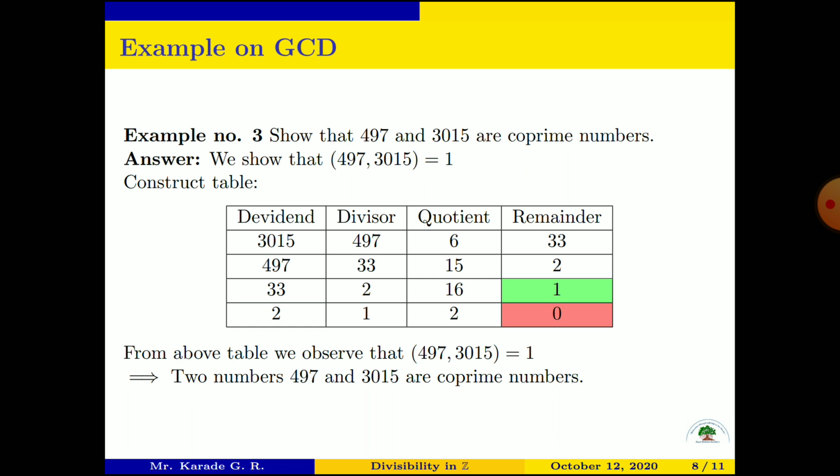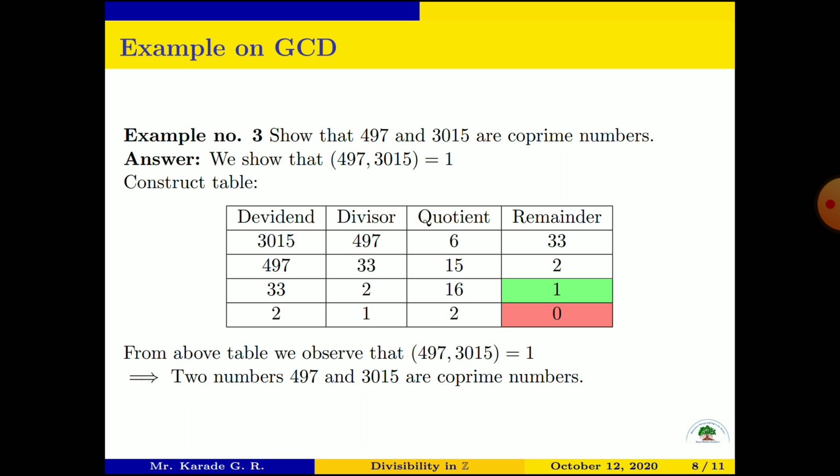In the third row we divide 33 by 2, and we get the quotient 16 and remainder 1. In the next row we divide 2 by the remainder 1, then we get the quotient 2 and the remainder 0.